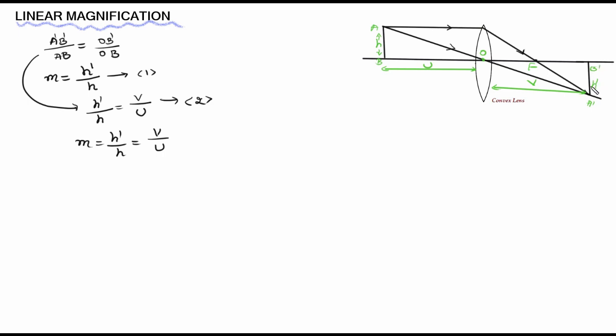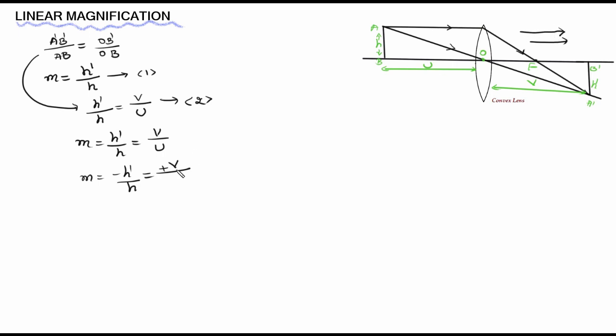This h dash is below the principal axis, so we have to write it as minus h dash divided by h, which is above the principal axis, so I'll write it h, is equal to V. The direction of light ray is this, and we will be measuring from the optic center, so from here to this side, both the directions are same, it will be positive, whereas the U is on this side, whereas the light ray is in this direction.